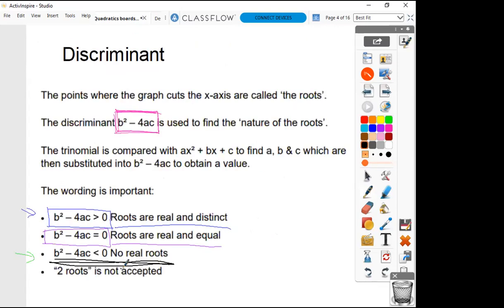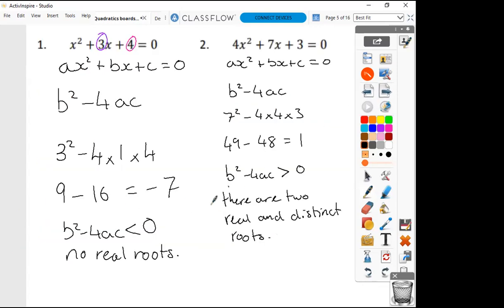We need to state that. Remember, just saying there's two roots is not accepted as an answer. You would lose a mark for that. So you need to say the roots are real and distinct when it's greater than 0.